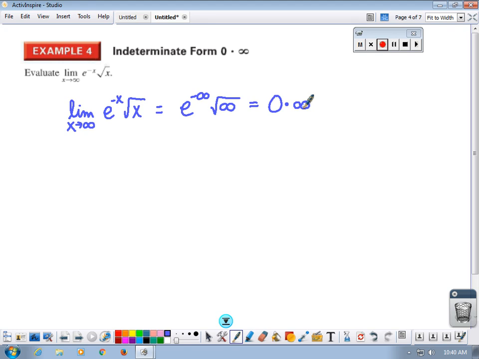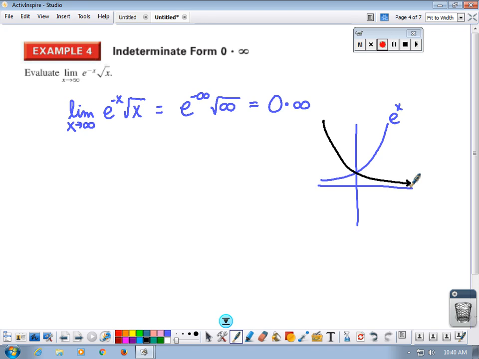Alright, so thinking about your e graph, this is e to the x. Okay, but e to the negative x is the reflection, like that. Alright, so as x is approaching infinity, you could look at it that way.